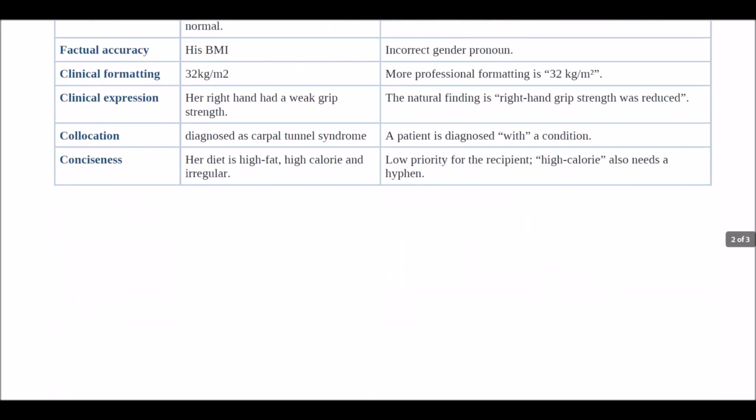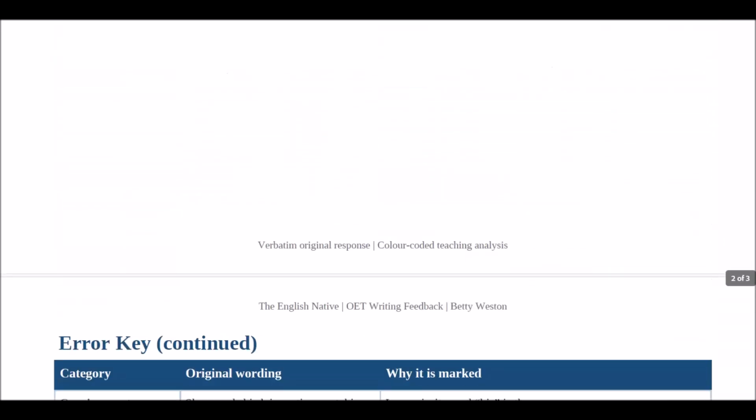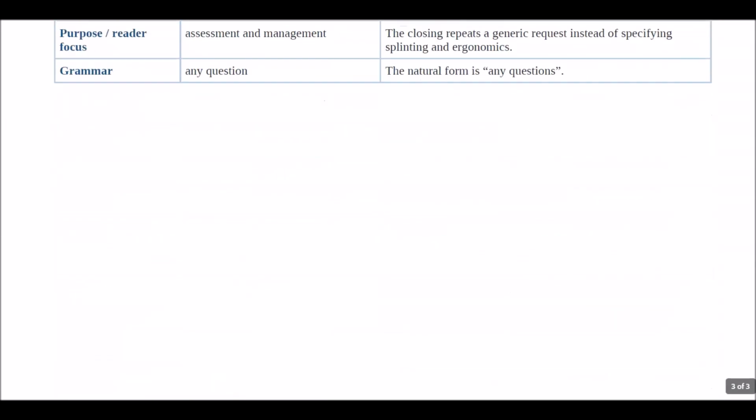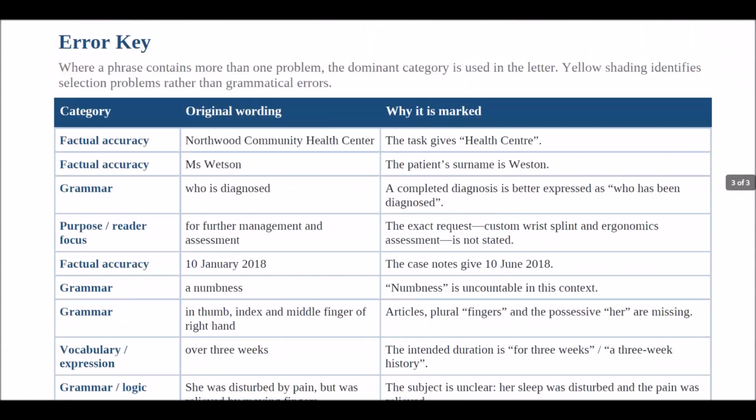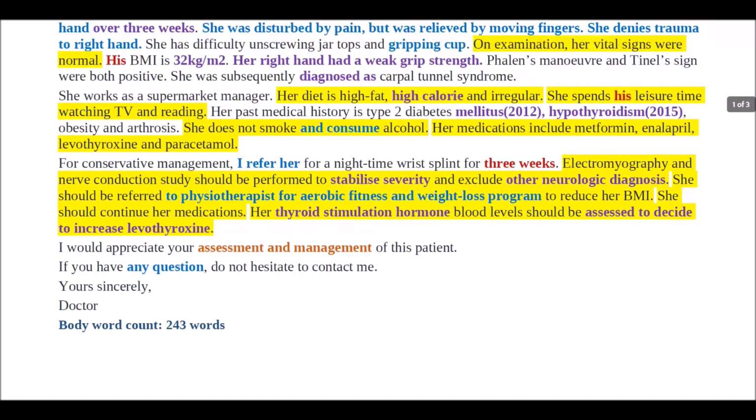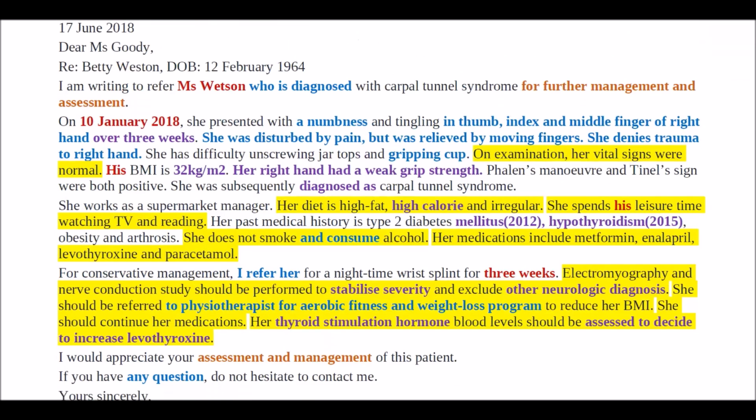There's quite a lot here, but that's for you to look at in your own time. Now, the yellow, the data dump. We've got on examination, the vital signs were normal. We've got the diet, the leisure activities, the medication, weight loss, the thyroid.